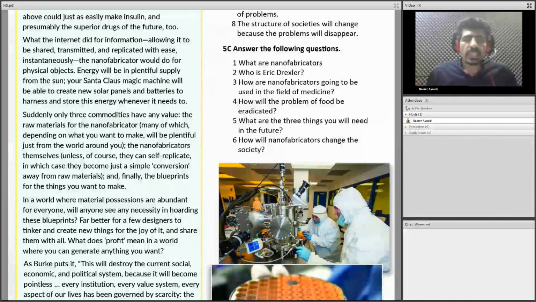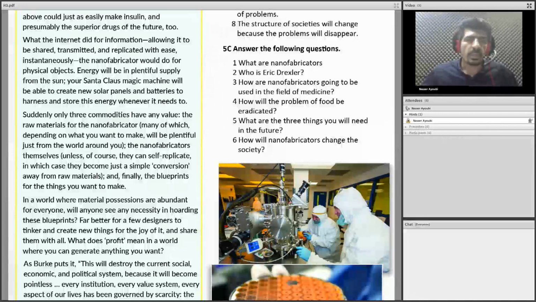Energy will be in plentiful supply from the sun. So we have an abundant energy supply from the sun. Your Santa Claus magic machine will be able to create new solar panels. So what is the Santa Claus magic machine? Our nanofabricators.